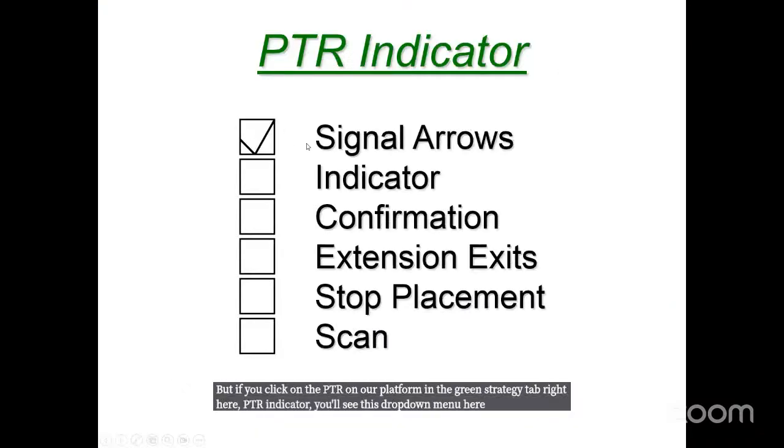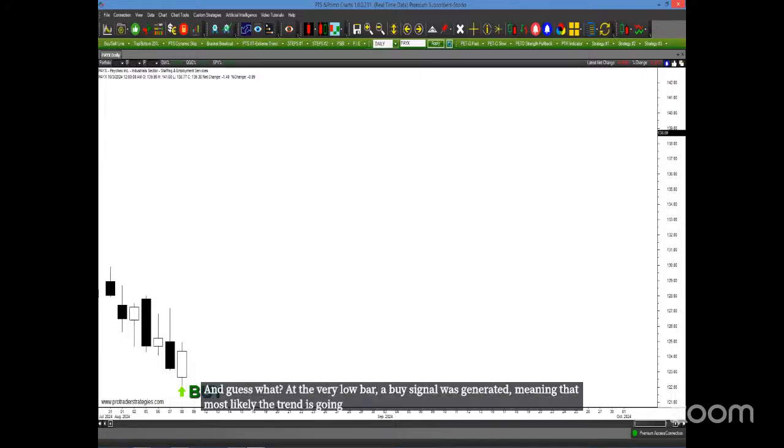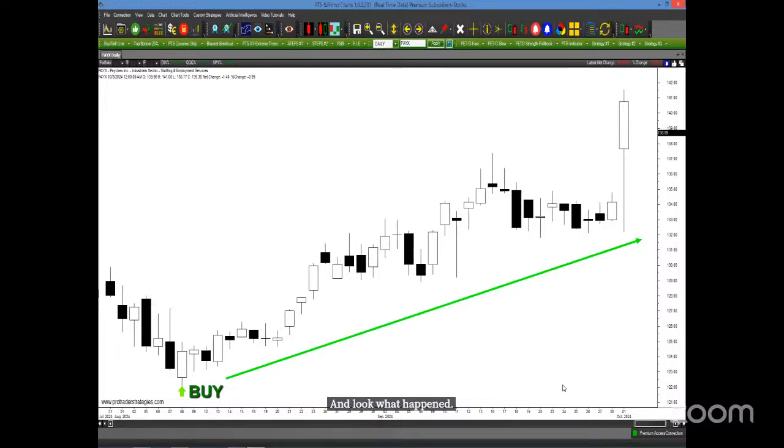Just click on signal arrows. And guess what? At the very low bar, a buy signal was generated, meaning that most likely the trend is going to be changing very soon to the upside. And look what happened. We went basically from a low bar of roughly about 123, 125, all the way up to 140.